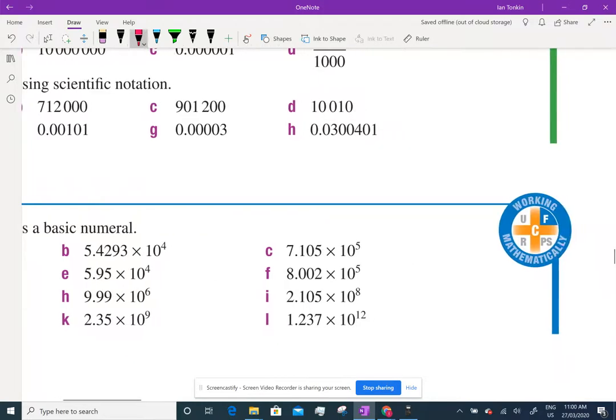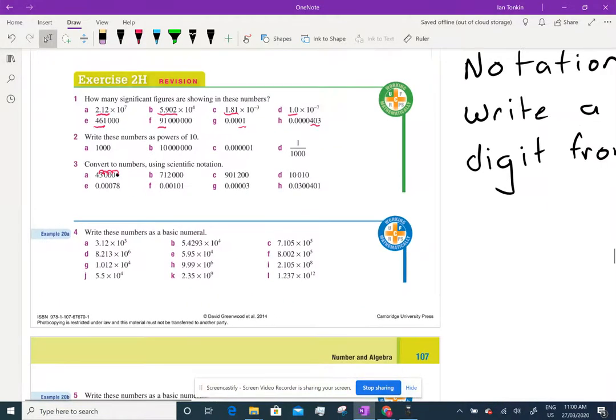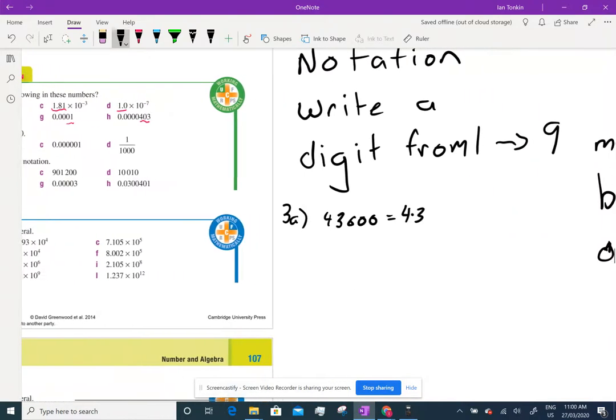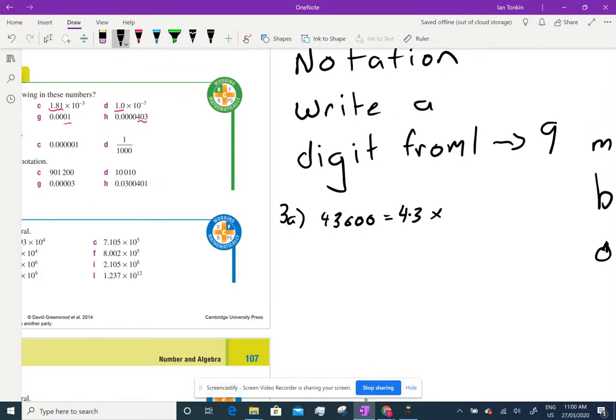So 3A, 4.3. Remember, it must be a number between 1 and 9 times, what do we move it? 4 spots, 10 to the power of 4, because we moved it from the right to the left.